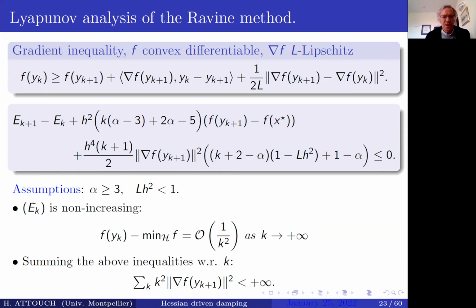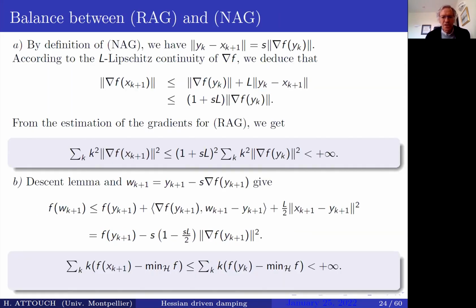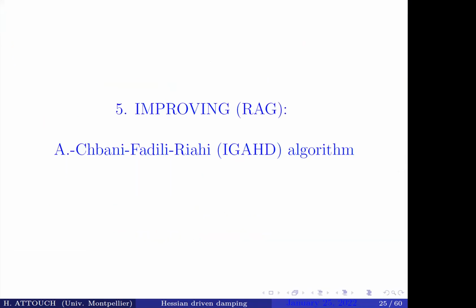All right, and you can see for Ravine an elementary inequality, so you have it for Nesterov. But you can do exactly the same Lyapunov analysis for Nesterov. So we have two proofs of the result. We are so surprised by the result that we gave two proofs of it in order really to be sure that there was no mistake. So now the question is, can we improve these methods?